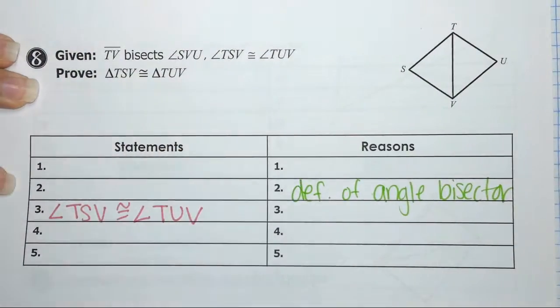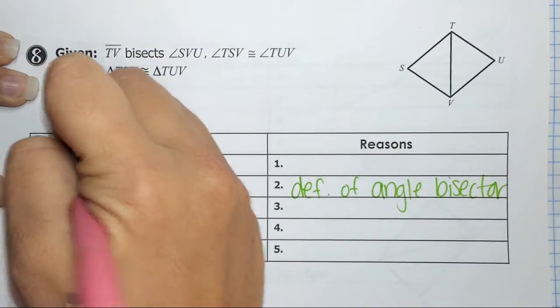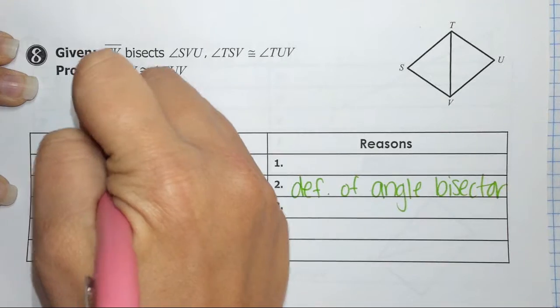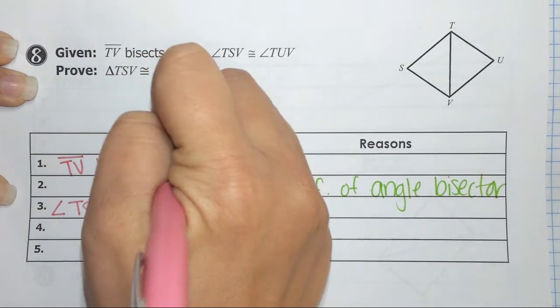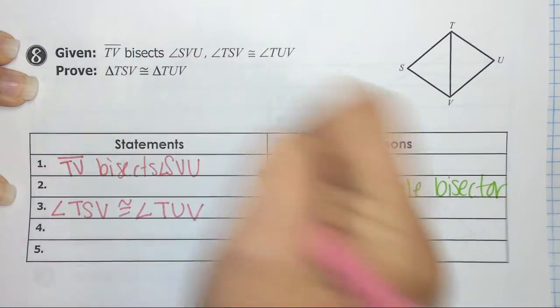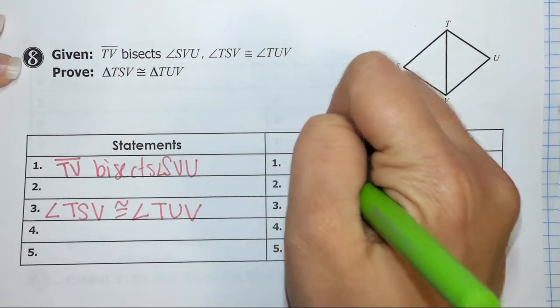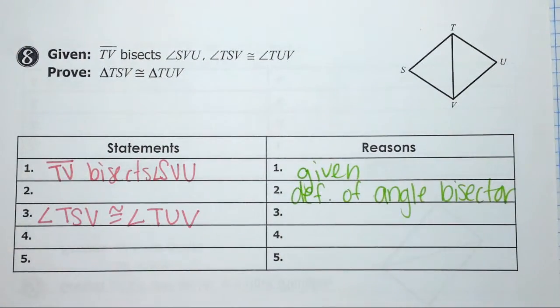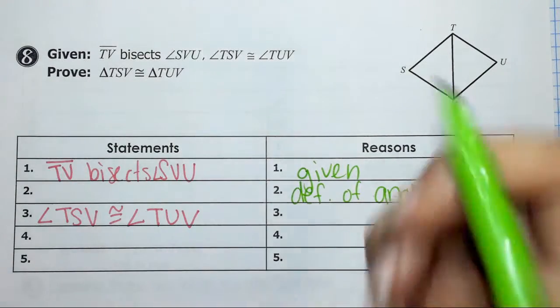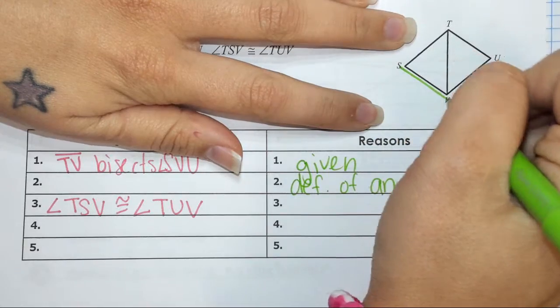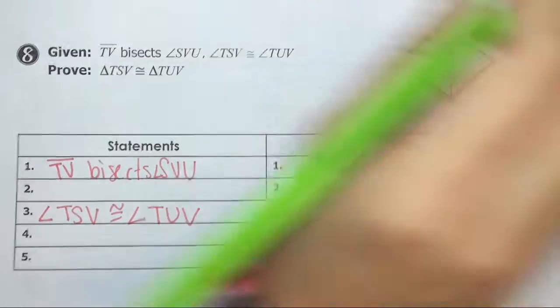Okay, guys, it starts by telling us that TV bisects SVU. Dum, dum. Does any of you watch SVU? Okay, good, thank you. So I've been singing in my head over and over. Okay, so SVU is this angle right here, correct?